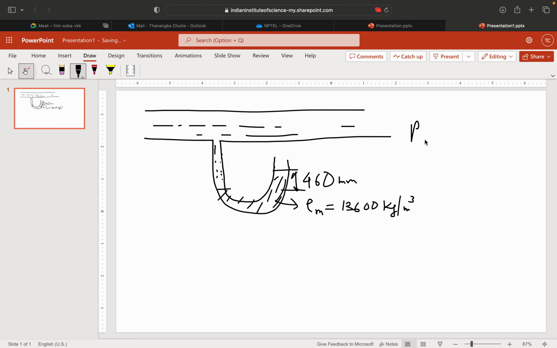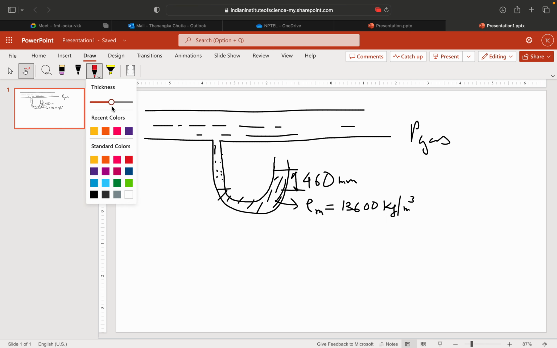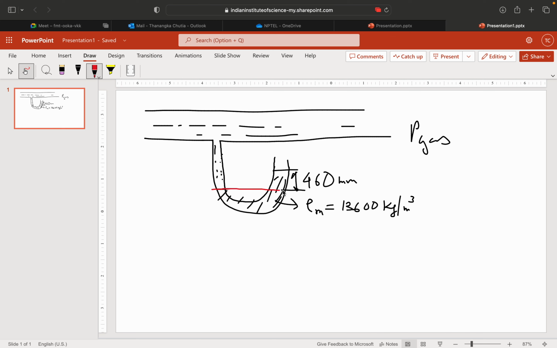So according to the hydrostatic paradox, wherever you go in the same vertical plane at the same level, you will get the same pressure. This same thing is applied for each and every point.